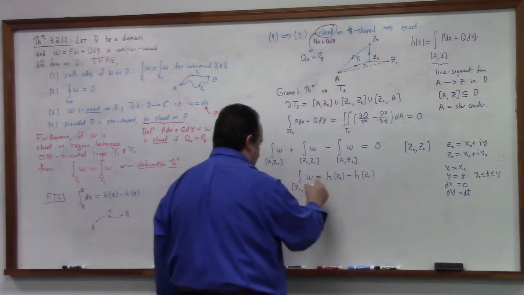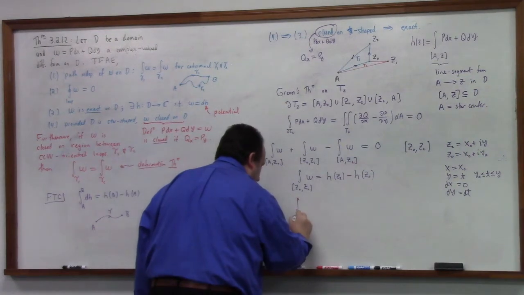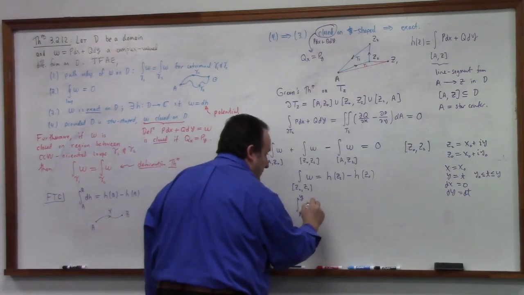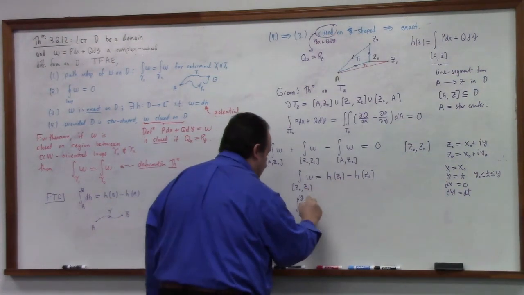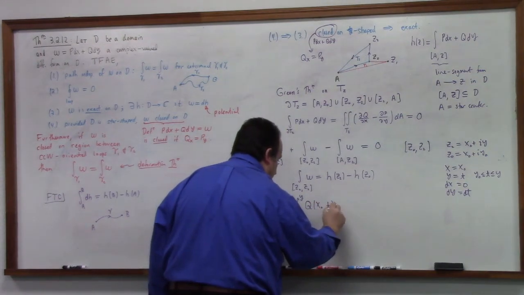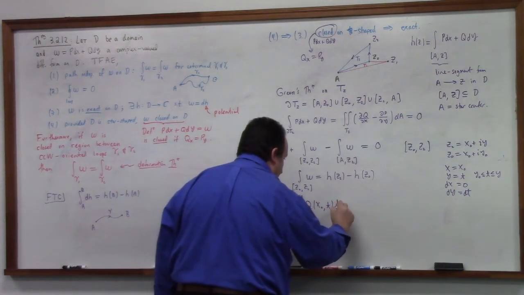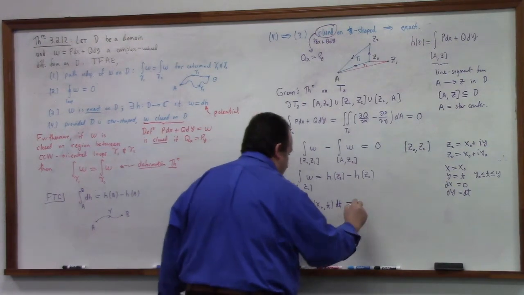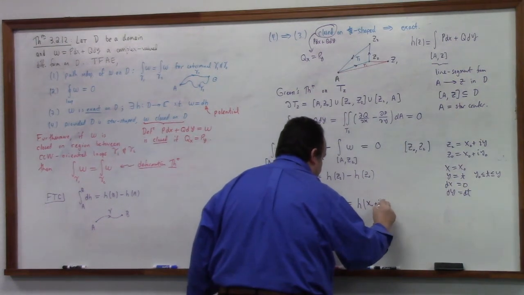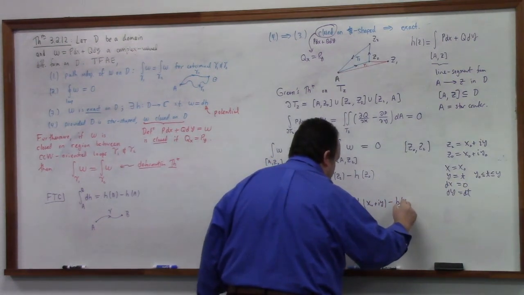So this is exactly the integral from y naught to y of Q of x naught comma t dt, and that's equal to h of x naught plus iy minus h of x naught plus iy naught.